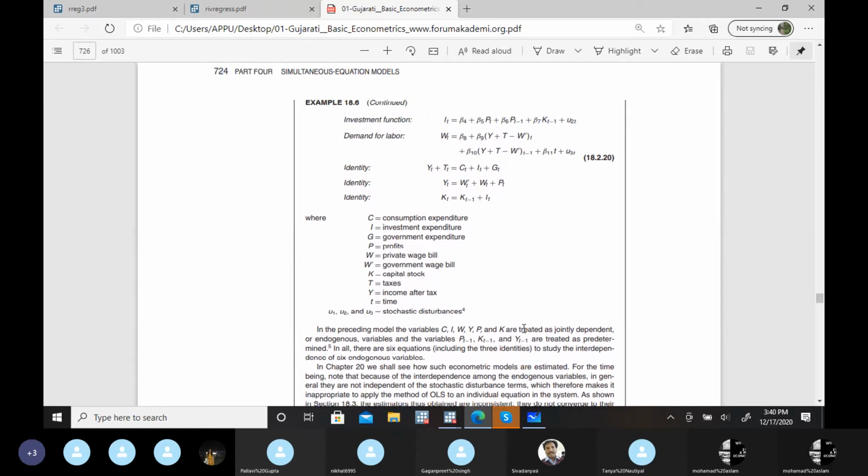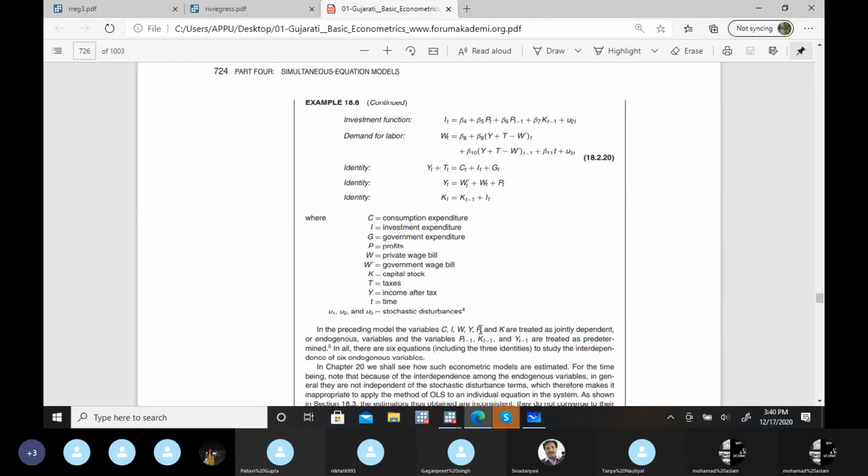They have just taken consumption, investment, wage, then income. Here is the income. This capital stock, that's also okay. But this price is confusing here.